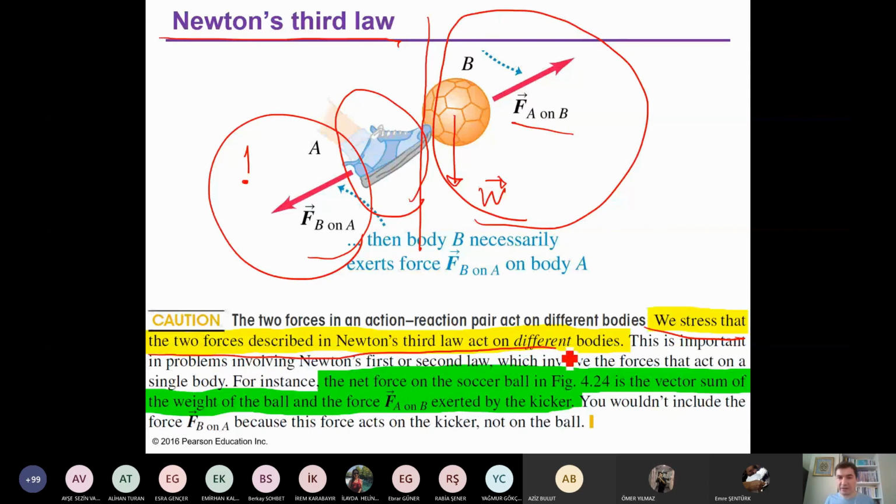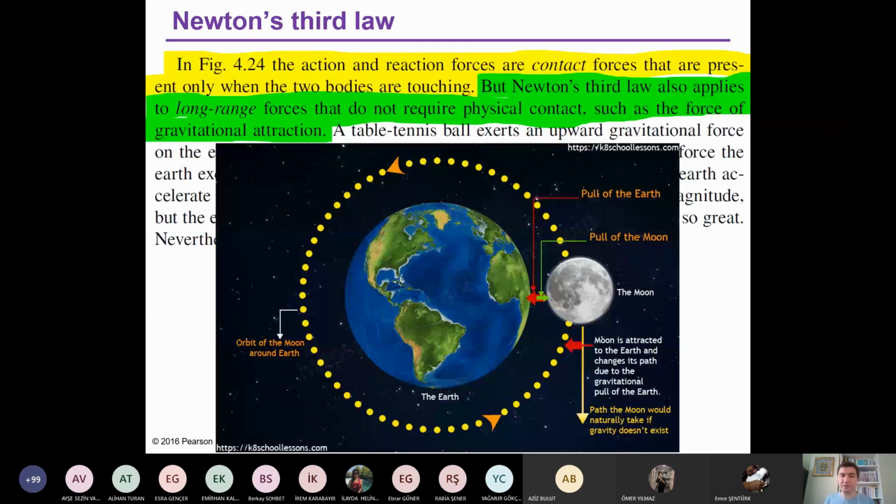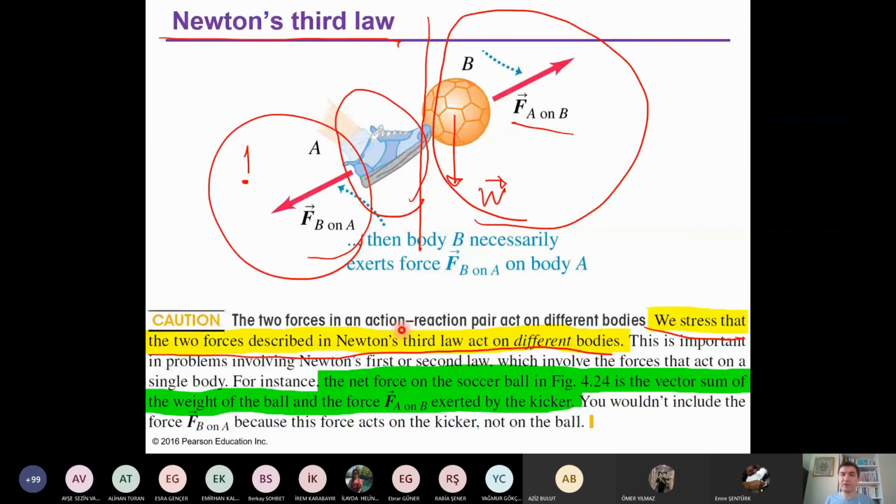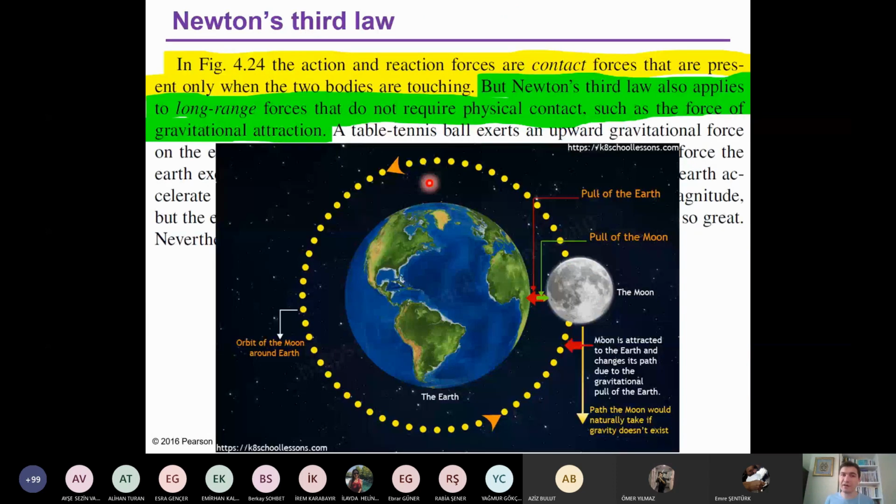Now let me tell you something else related to Newton's third law. In this example we have a contact, right? Due to the contact between foot and ball, the foot applies a force on the ball and the ball applies a back force on the foot. But what about non-contact forces? For example, let's consider long-range forces.